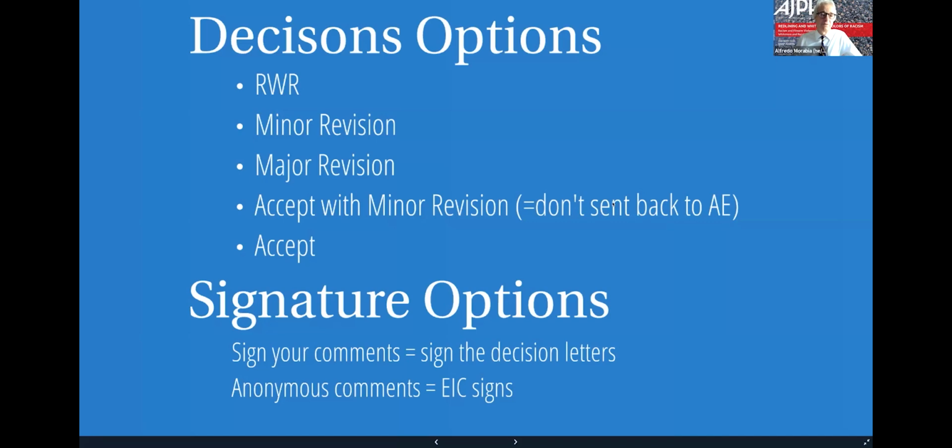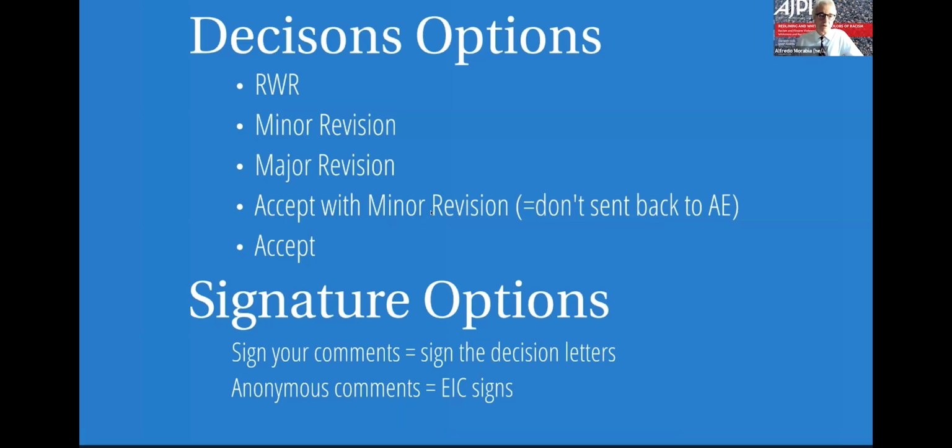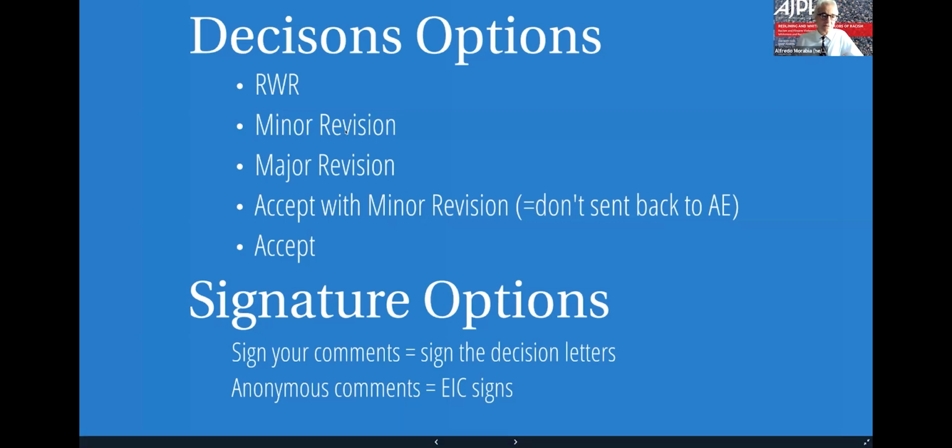Once they do those minor changes, you can accept, I don't want to see it again. If you want to see it again, choose minor revision. If you don't want to see it, choose accept without minor revision, and I will deal with the minor changes and send it to production. So this is a very important difference.